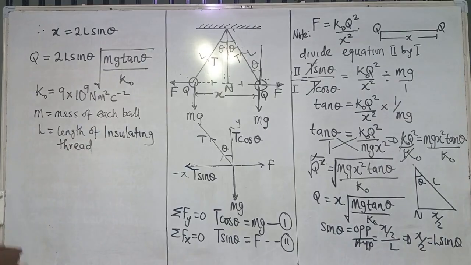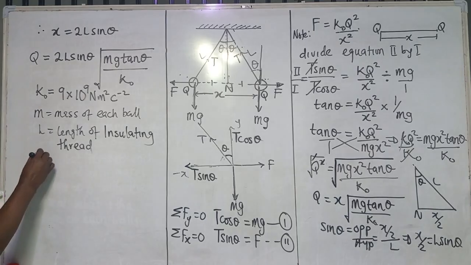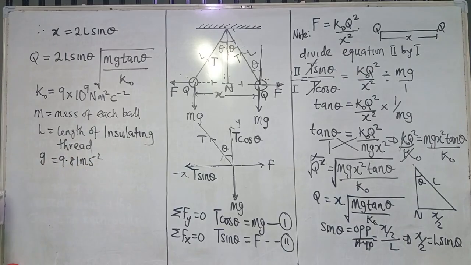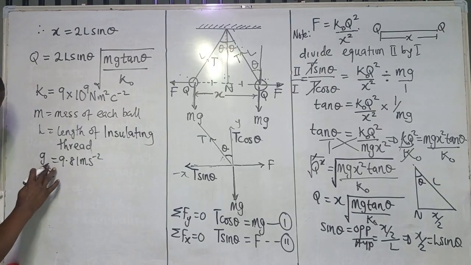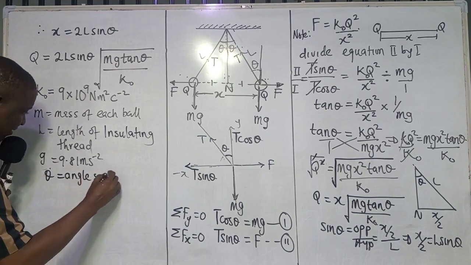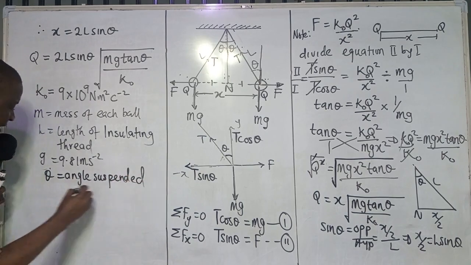Then what else are we given? g is 9.81 meters per second squared, acceleration due to gravity. Then the angle to the vertical: theta is the angle suspended with the vertical.